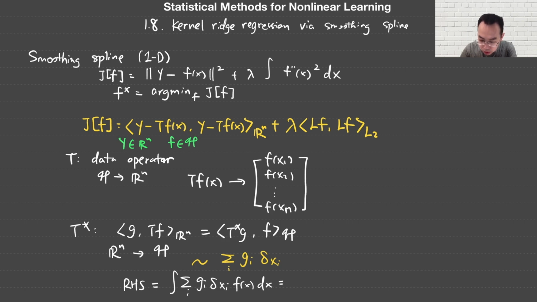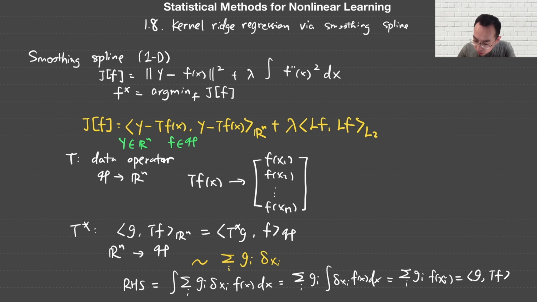Then we can just pull out the summation and the constant, summation over i of g_i, then you have the integral of delta at x_i times f(x) dx. So using the property of the delta function, that equals the summation over i of g_i times f(x_i), which equals g inner product with Tf in Rn. This is just the left-hand side.